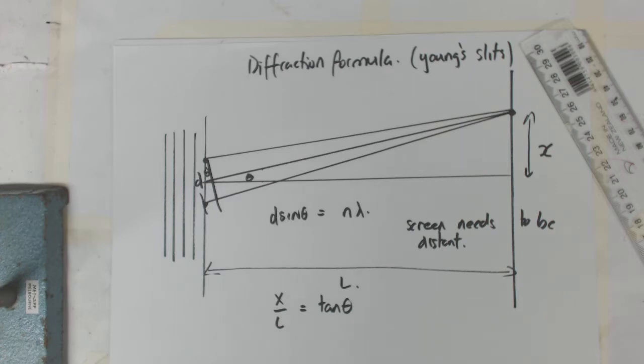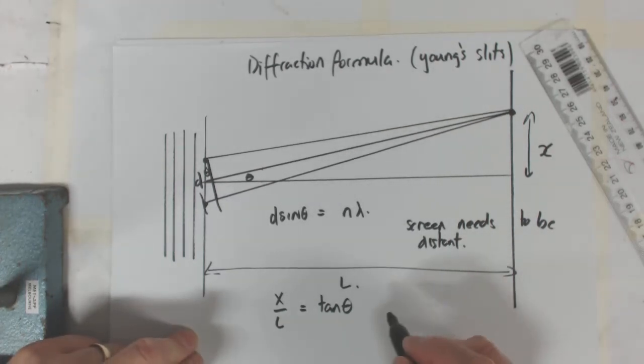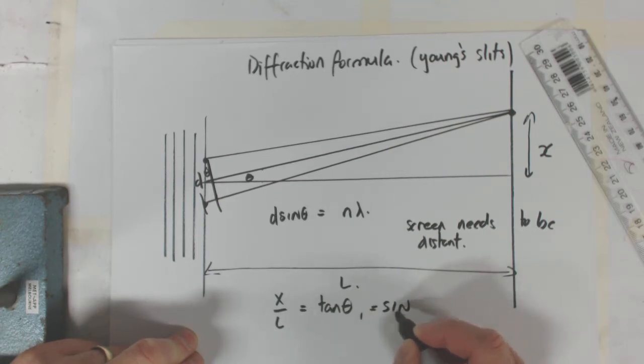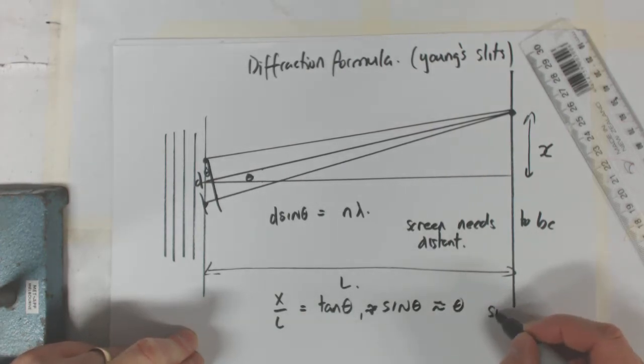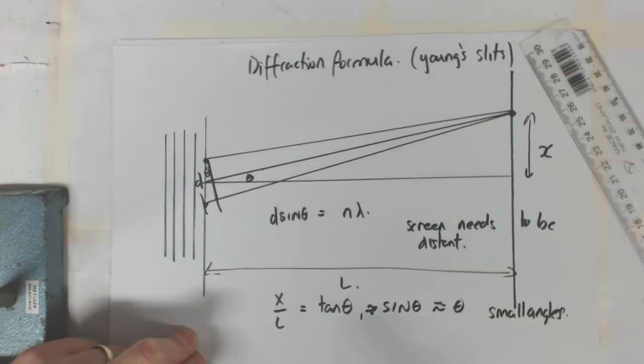Perfectly okay. And what we in physics say also is that the tan of theta is approximately equal to the sine of theta, which is approximately equal to theta, for small angles. So what we're basically saying is, yeah, this works for small angles.